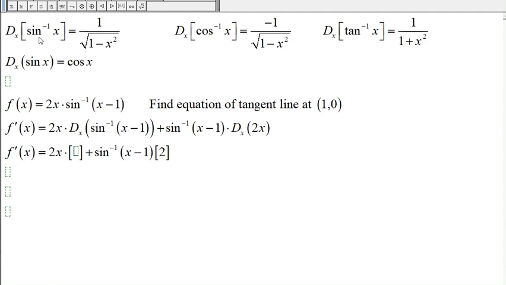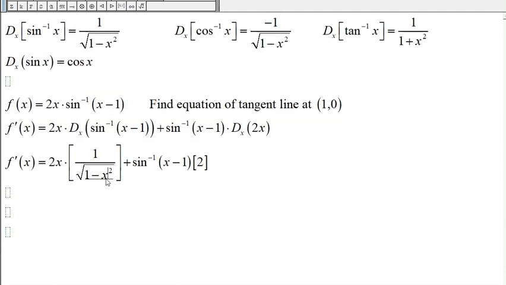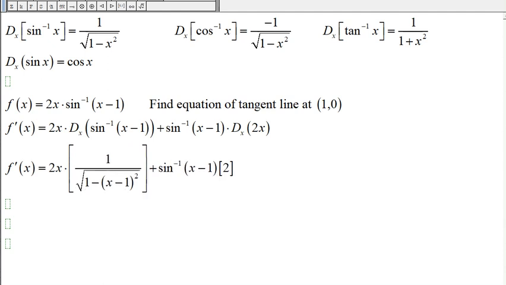Once again, if we just have sine inverse of x, then the derivative is just 1 over the square root of 1 minus x squared. But here we have the sine inverse of x minus 1, and so in the place of x right here, we would put x minus 1. And then the chain rule says we have to multiply by the derivative of x minus 1.